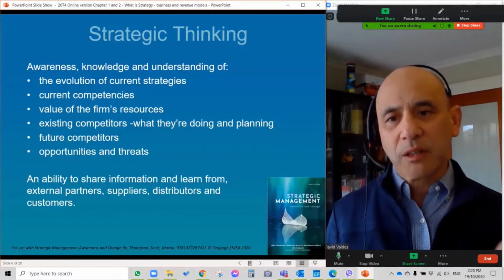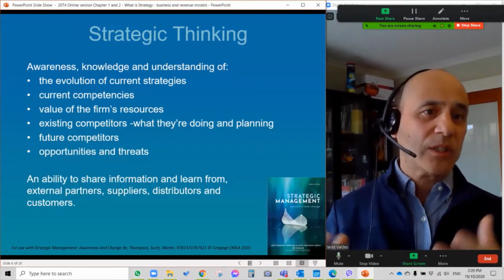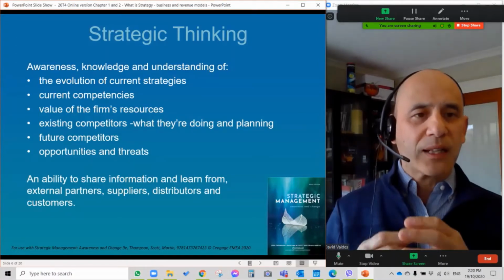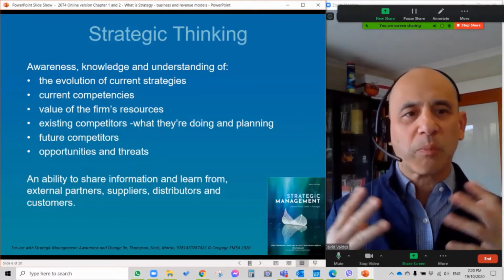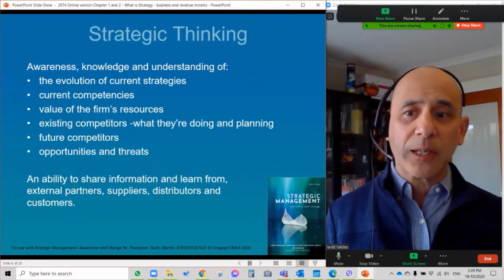You need to partner with your suppliers and figure out ways to do things. And even your customers can actually teach you something about how to improve your operations. And if you've got that openness to learn from your environment, from your suppliers and your customers, then that's again part of strategic thinking.